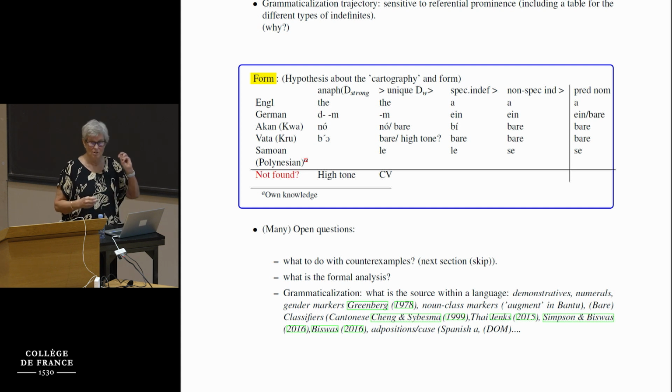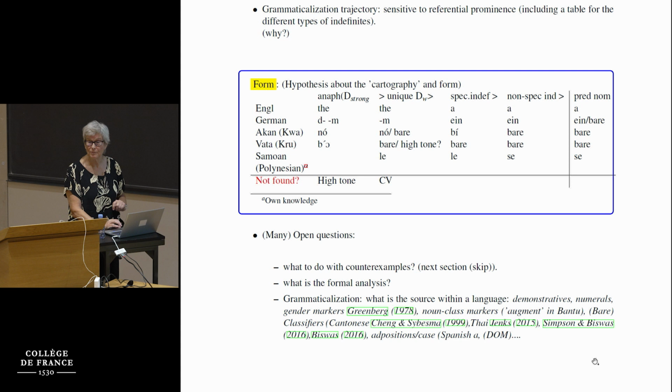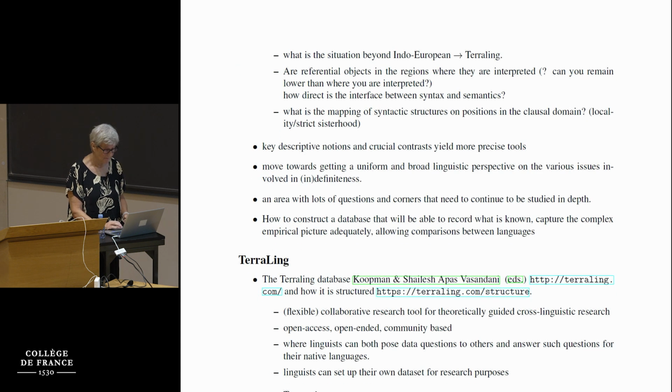They are all languages in which the classifier has taken over the function of the definite article. Spanish has a for definite objects, like human objects, a differential object marker.